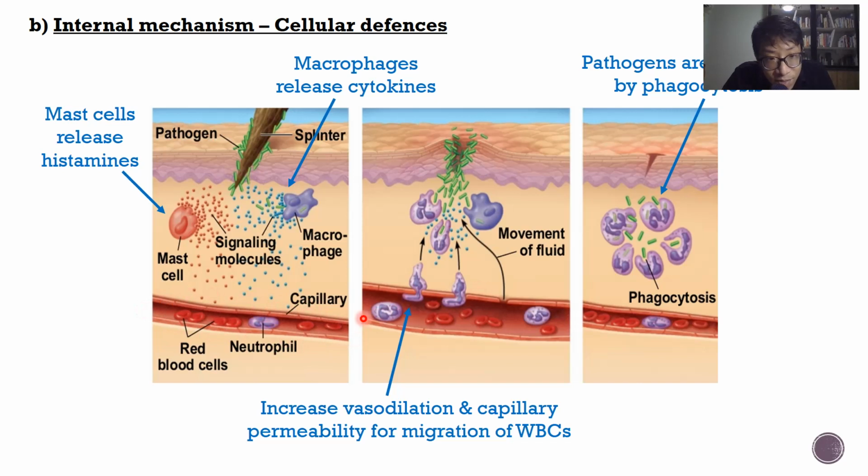Right, so as a result, the neutrophil, which is another immune cell, would be able to come in at the site of infection, and the macrophages and the neutrophils would together be able to clear the pathogens via phagocytosis.